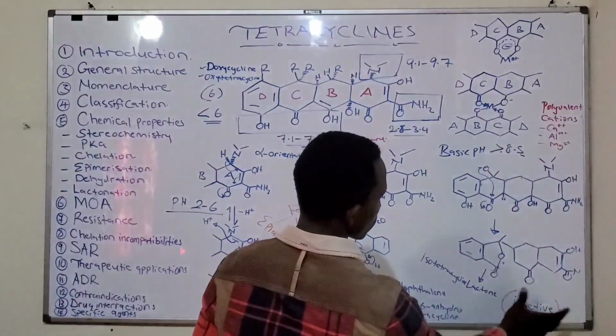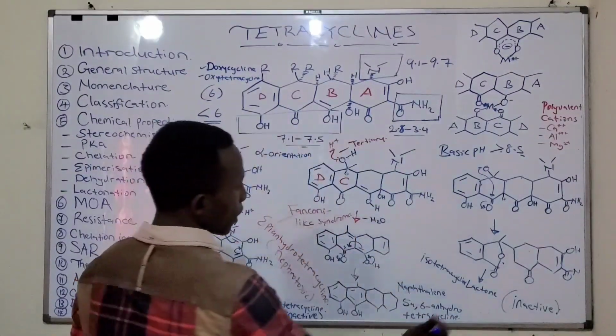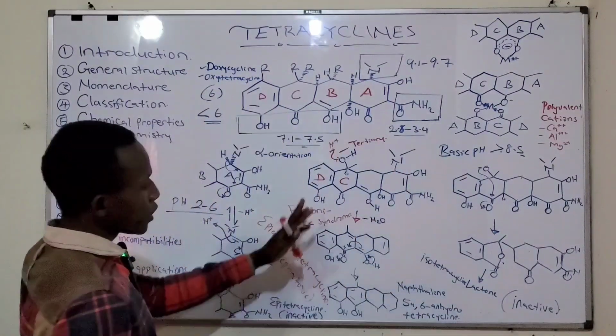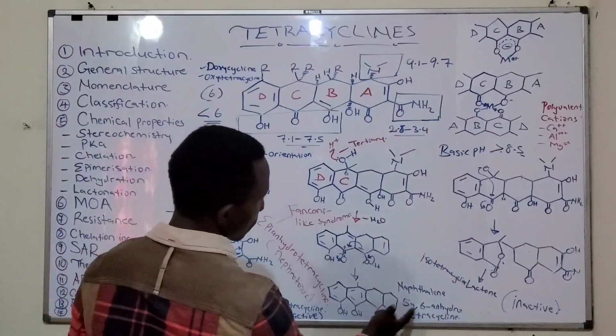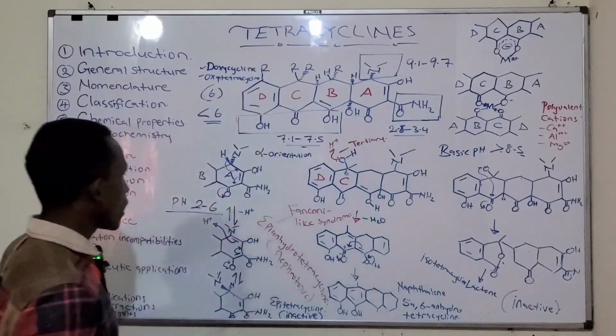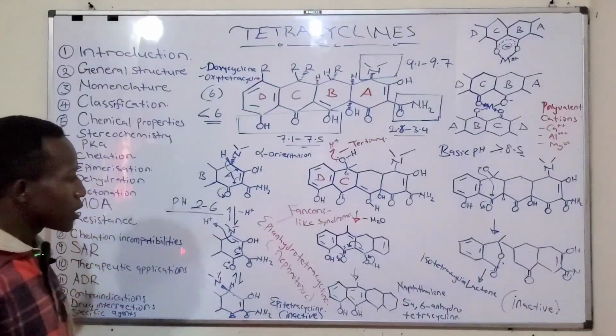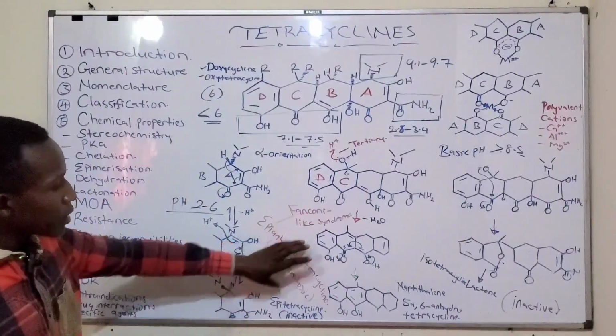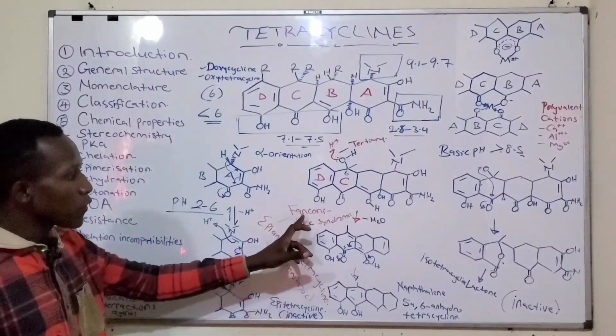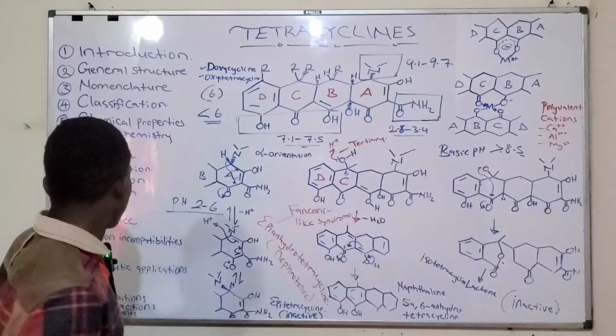So in basic pH, we shall form the lactone. Then in acidic pH, we shall form the anhydrotetracycline. At this pH 2 to 6, we shall form the epitetracycline. This epitetracycline is nephrotoxic. It leads to Fanconi-like syndrome.